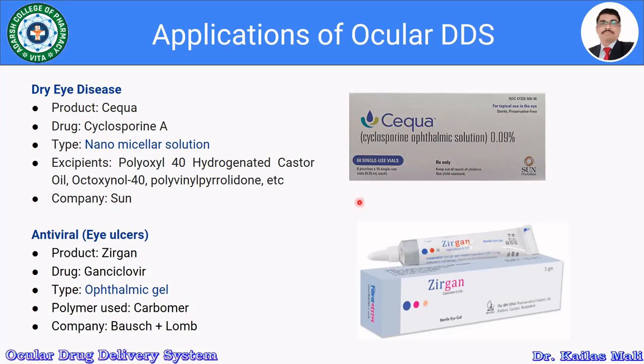Then, again for eye ulcers, one more product is available, that is Zirgan. It is developed by Bausch and Lomb. It contains ganciclovir. It is available as an ophthalmic gel, and it is prepared using the polymer carbomer.